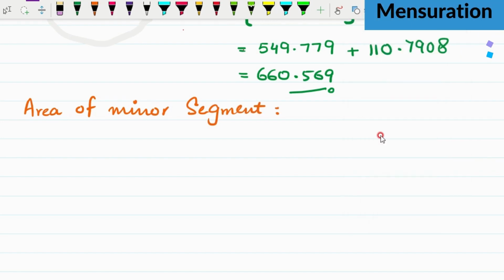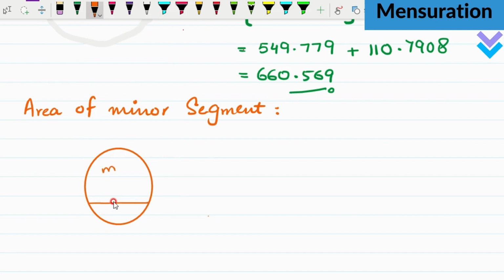Let me draw a shape here, and a line also. If that is the major segment, then this portion will be the minor segment.